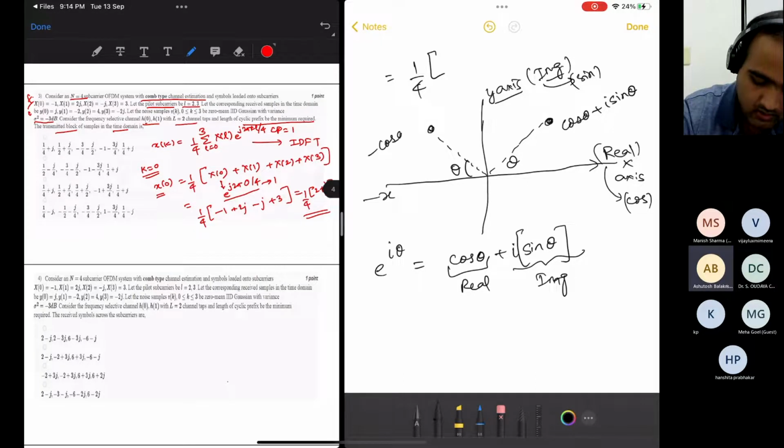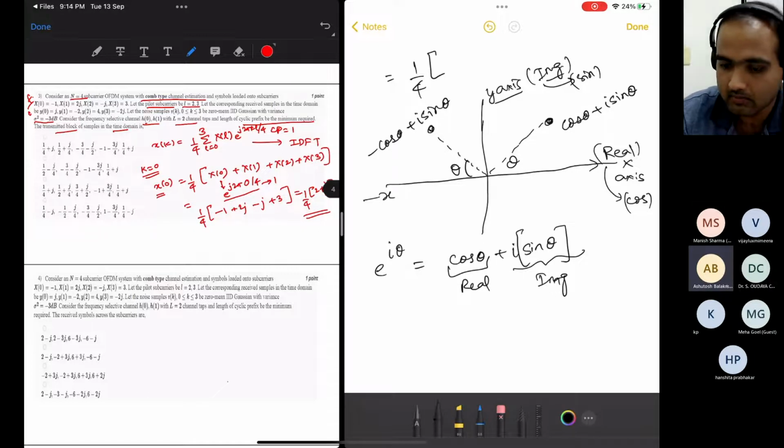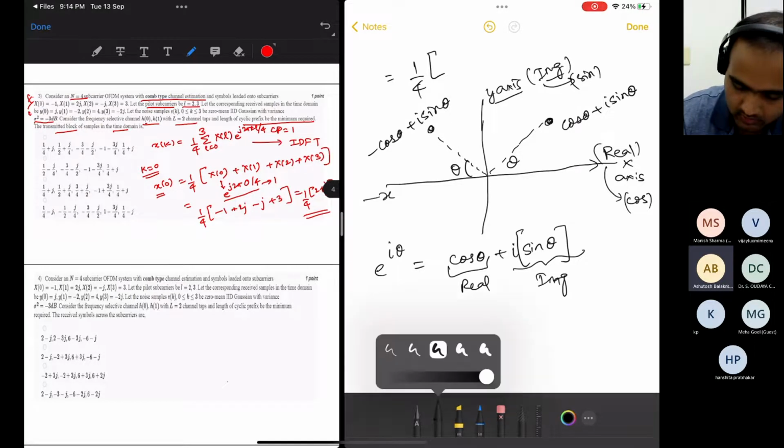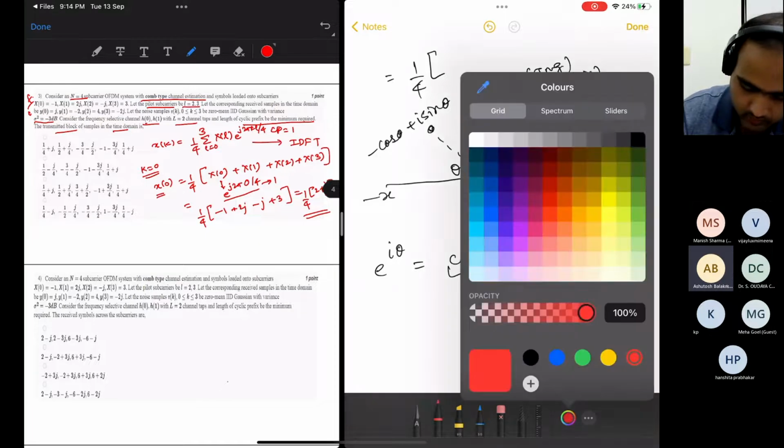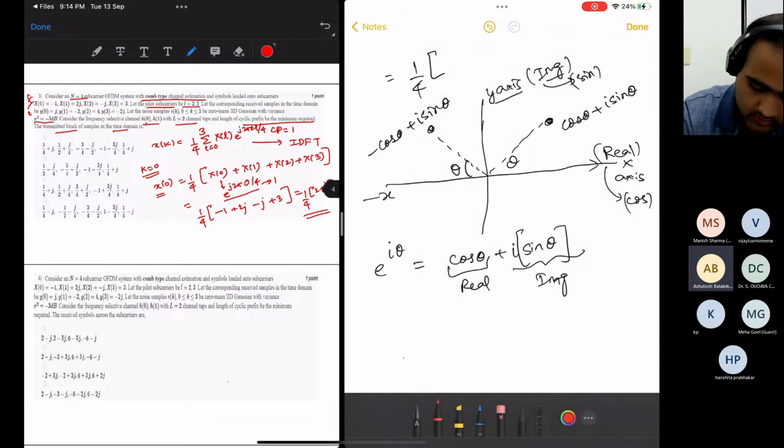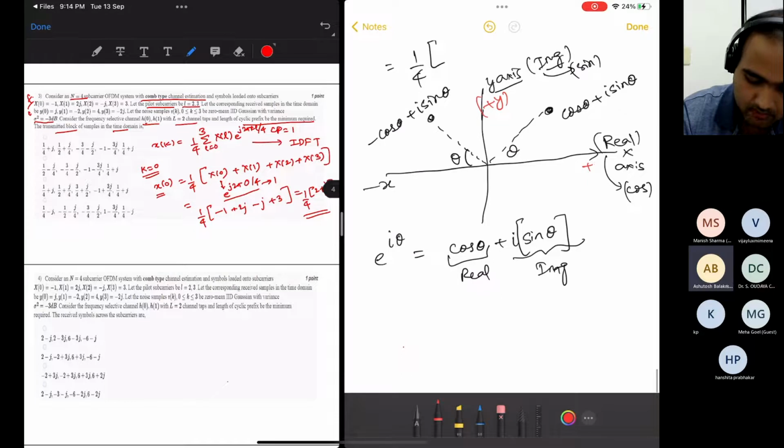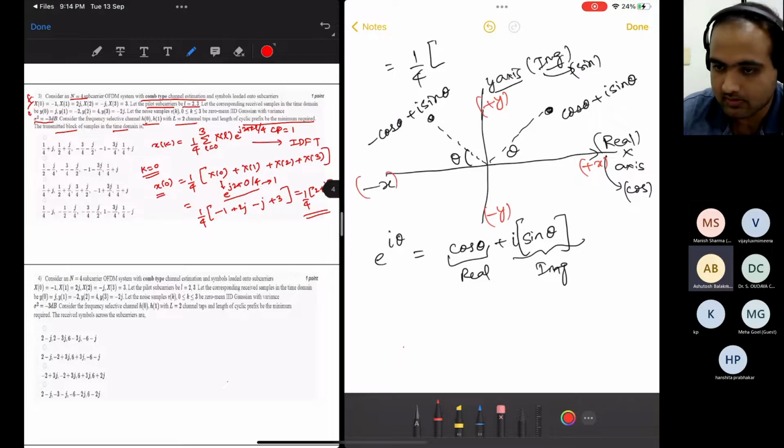So we have minus cos theta plus j times sin theta. The sine is still on the positive axis. So this is the plus y-axis, or the plus sine axis. Similarly, this is the plus x-axis, this is the minus y-axis and this is the minus x-axis.